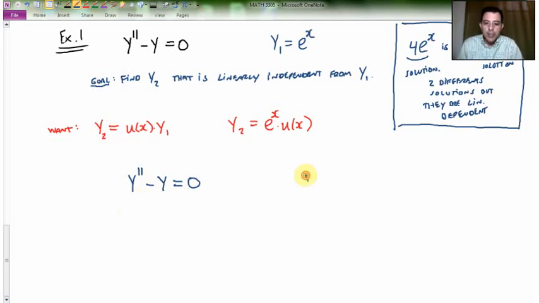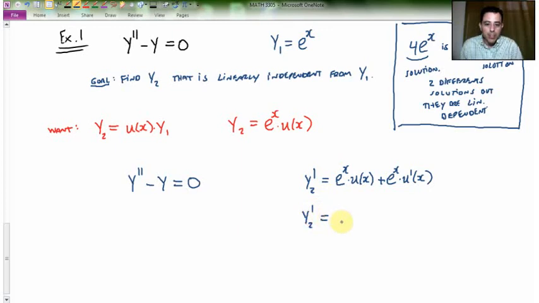What is the second derivative of y2? Let me find the first derivative, which is easier. Let me simplify the notation.